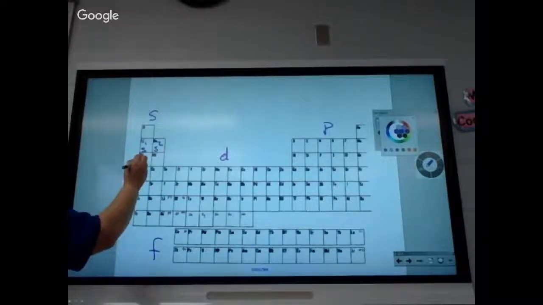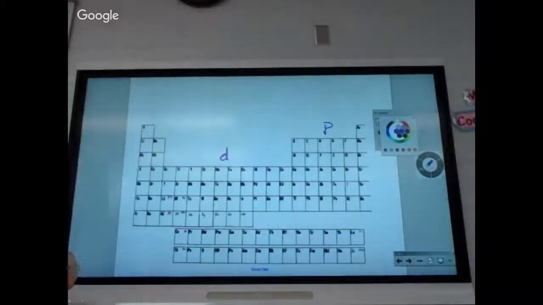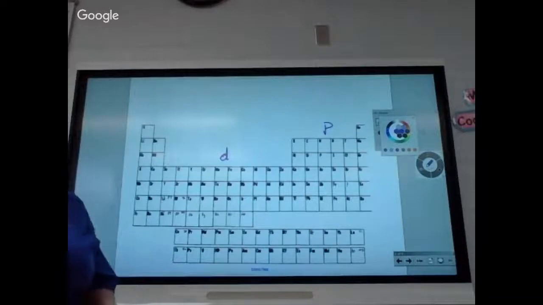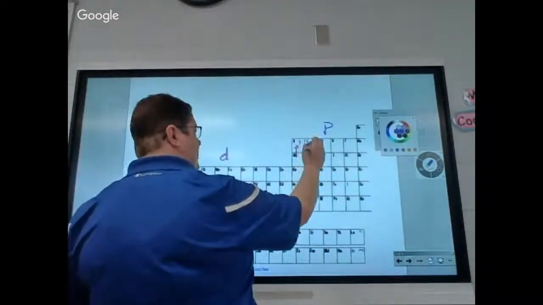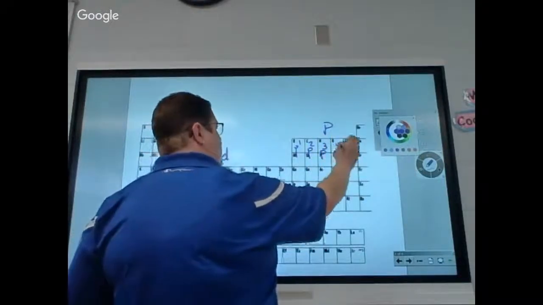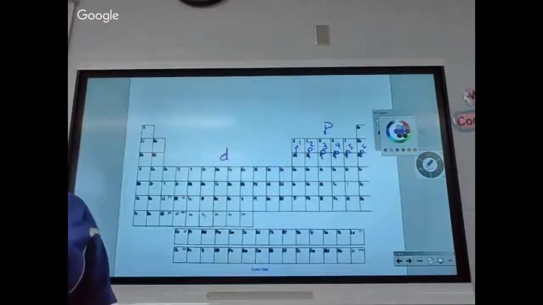The periodic table is designed to follow the quantum numbers. So if you forget, you can look at the periodic table. If I ask you how many the P sublevel can hold and you have forgotten, you can count across the periodic table. P can hold 6, because the P sublevel is designed on the periodic table to mirror the quantum numbers that you learned, so you can just follow it.